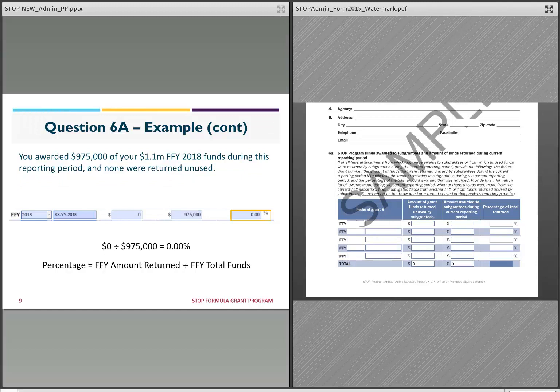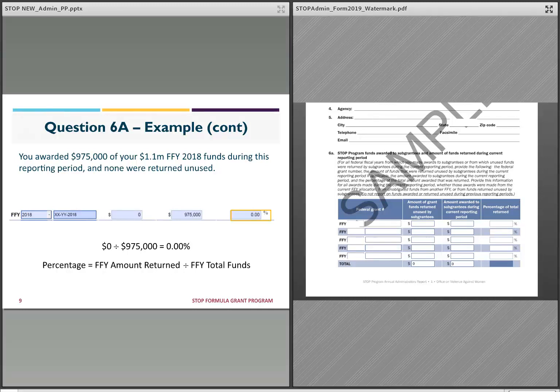For 2018 funding, you awarded $975,000 of your $1.1 million total 2018 funding, and none were returned unused. So you would choose 2018 in the federal fiscal year drop-down box. You would enter the federal grant number in the next box, and then in the column asking for the amount of grant funds returned unused by subgrantees, you would write 0 because none were returned unused.